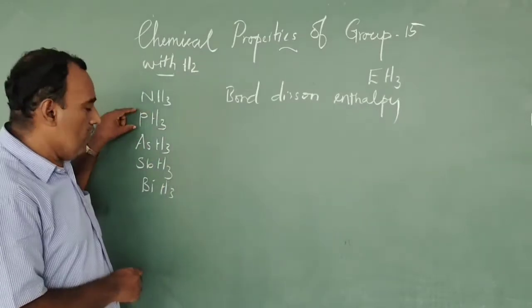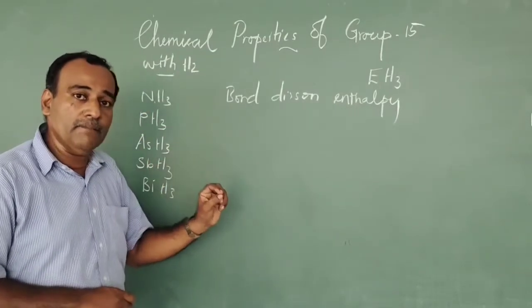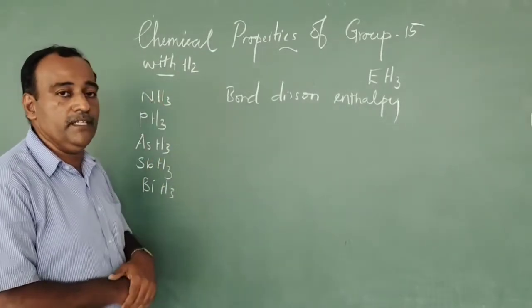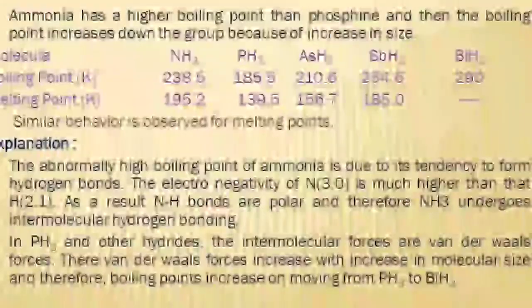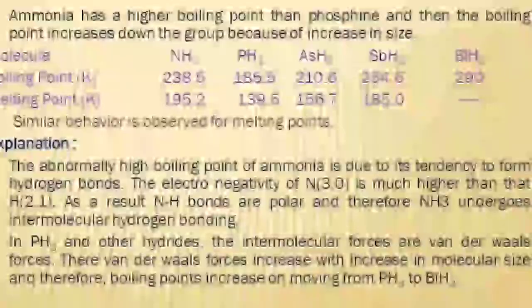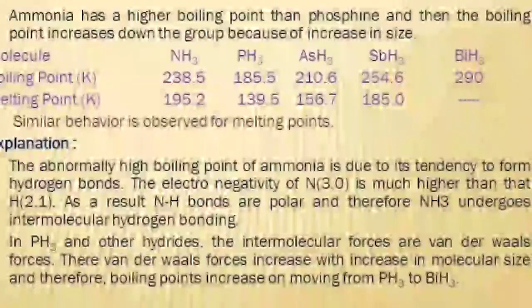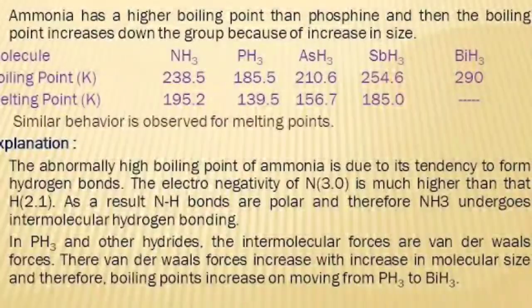Why does phosphine possess a lower melting point than ammonia? Because ammonia molecules are associated by hydrogen bonding. That hydrogen bond is absent in phosphine. Therefore, phosphine possesses a lower melting point than ammonia.